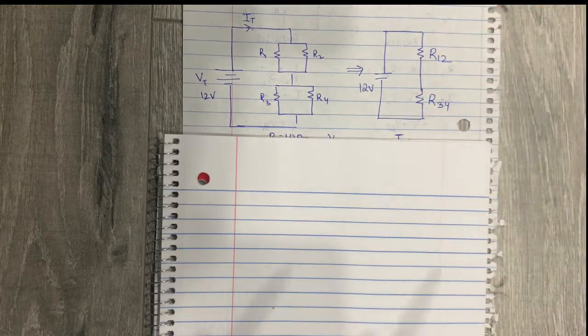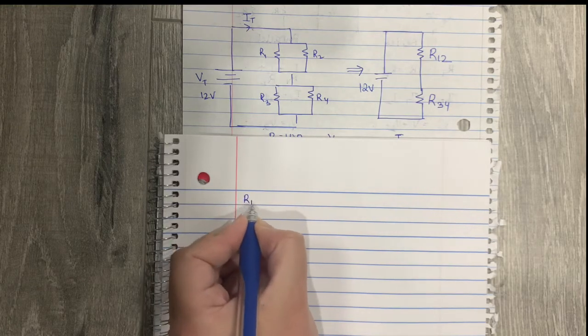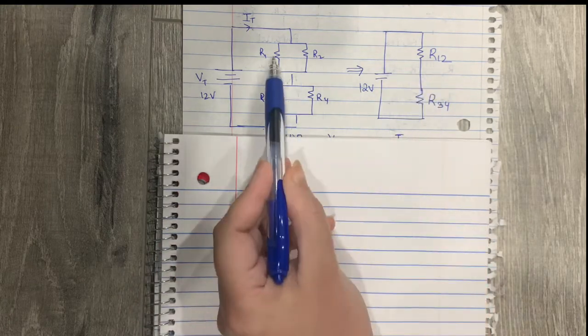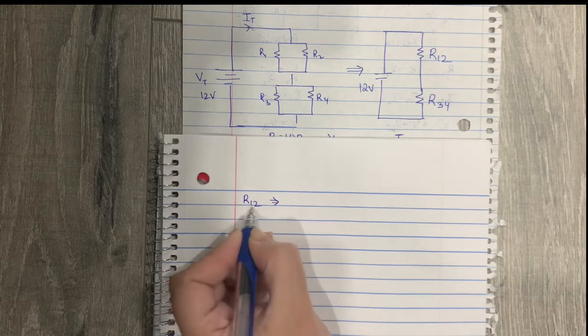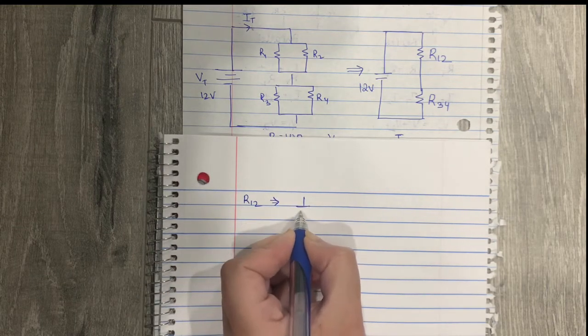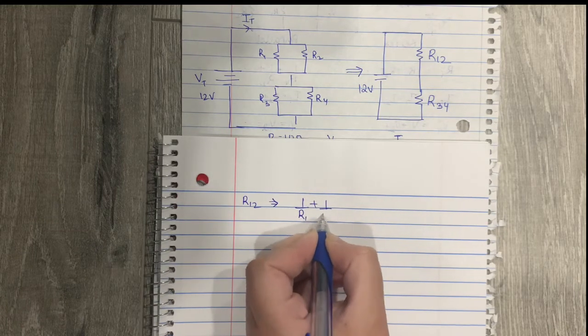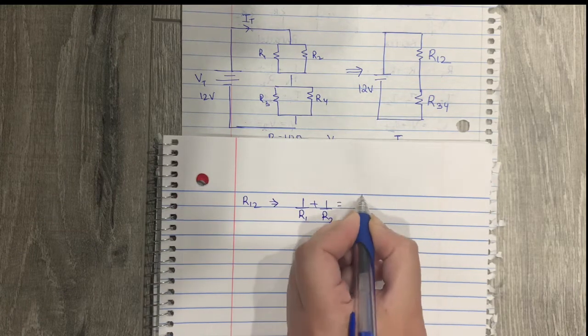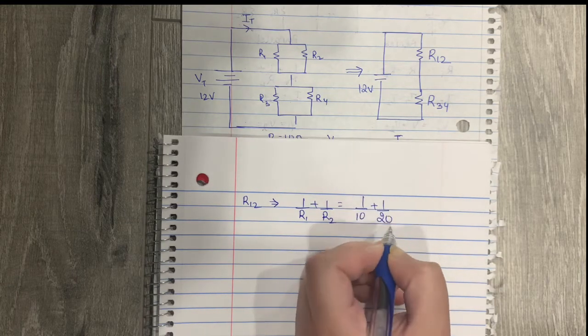Alright, so as per this solved circuit, we know R12 is nothing but the result of a parallel circuit. So if you remember, how do we solve the value of a parallel circuit? It is by adding the reverse of the values of resistors. So this comes out to be 1/10 plus 1/20.